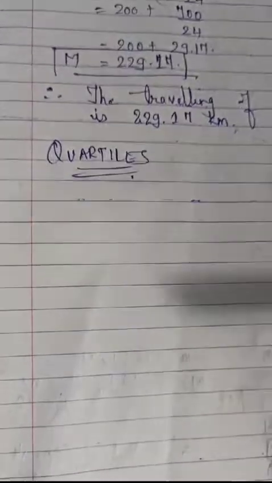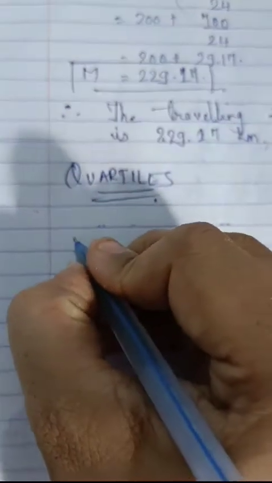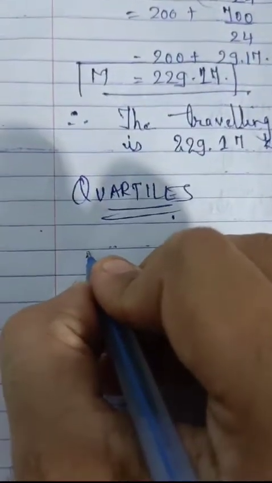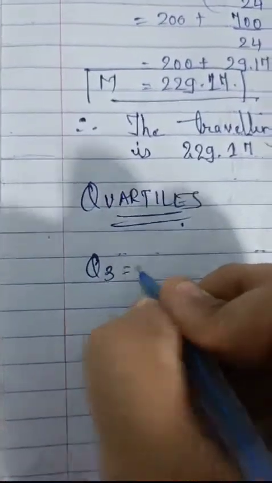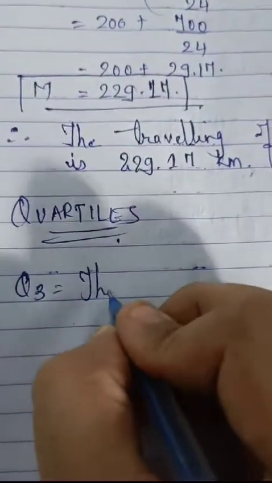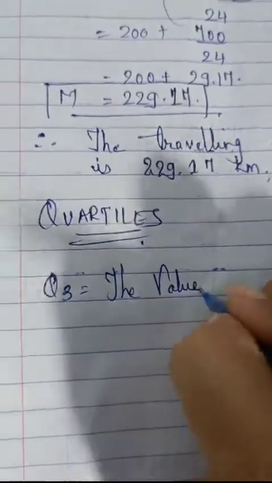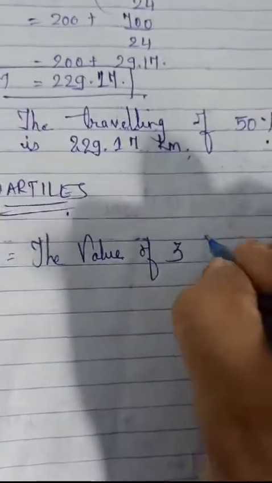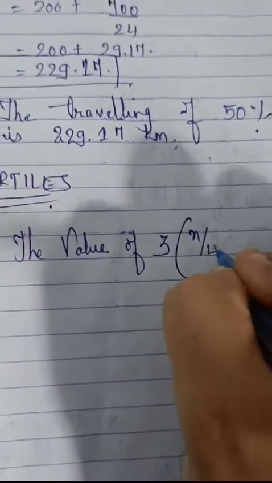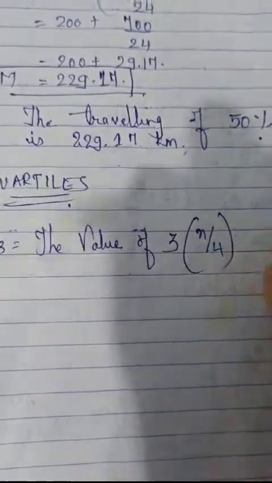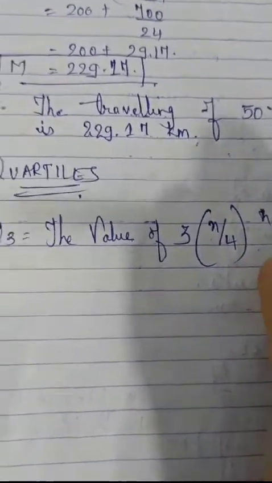So here the quartiles. In quartile, what they have said to find Q3. So again, the value of 3 into, here also, n by 4 plus 1 will not come. Okay, n by 4th observation.